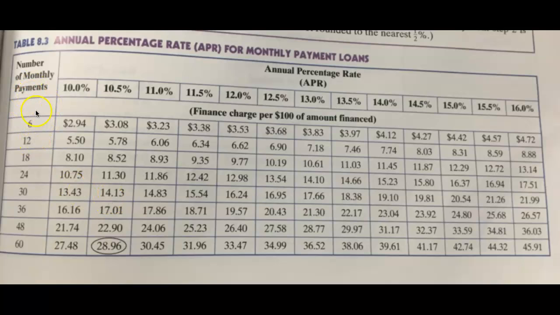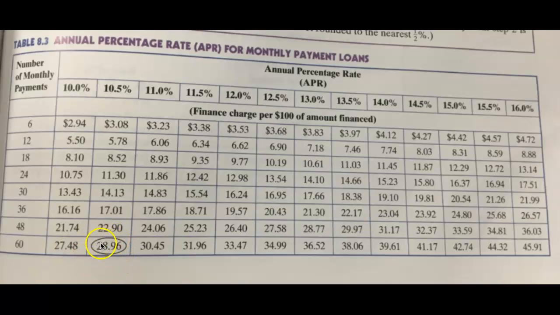So according to what I just told you, here's the number of payments. This is the table I'm using to figure out the APR I'm being charged. This was a 60-month loan, so I'm going to go all the way to 60 months. I slide over till I find the closest number to $28.94.